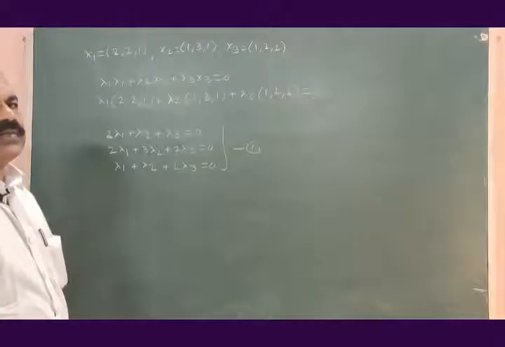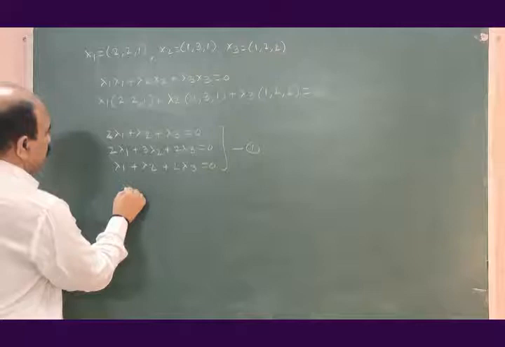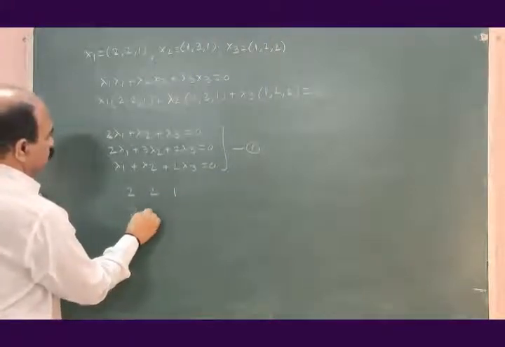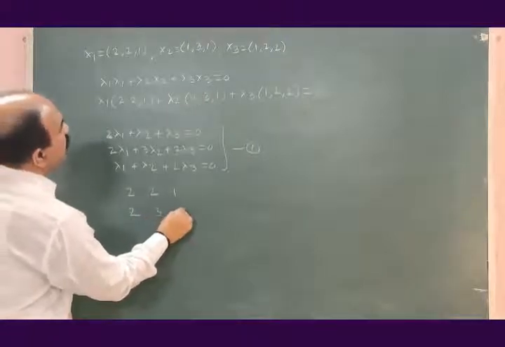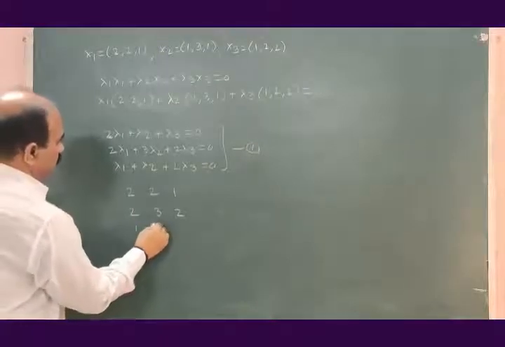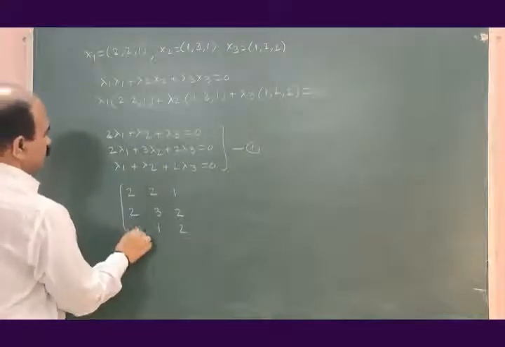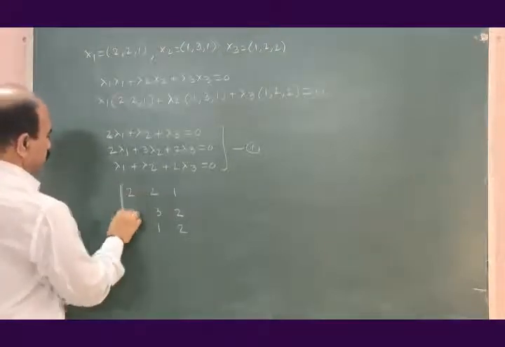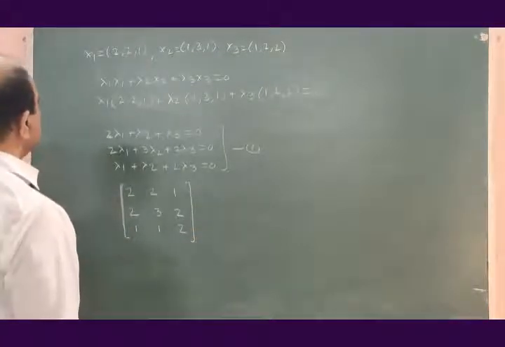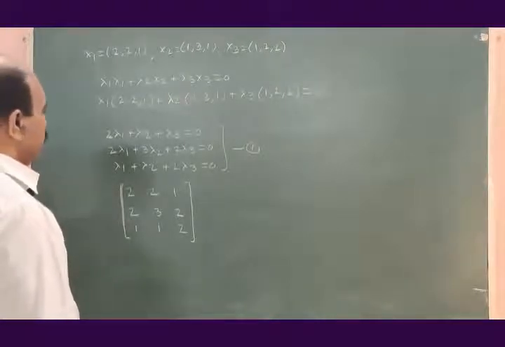Let us write this in the matrix notation, and that will be 2, 2, 1; 2, 3, 2; 1, 1, 2, times lambda 1, lambda 2, lambda 3, equals 0, 0, 0.